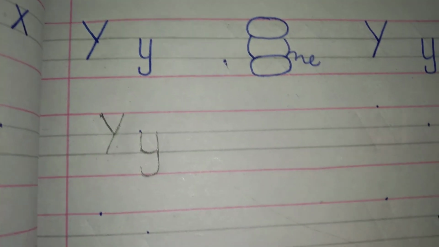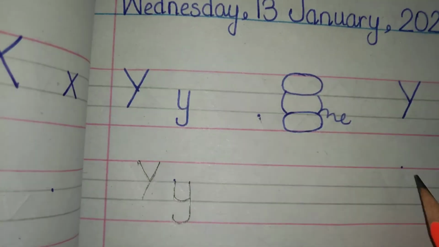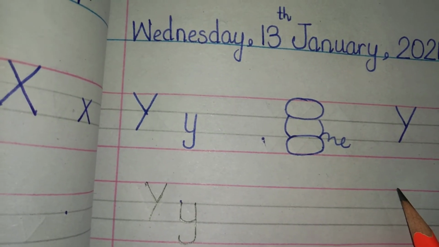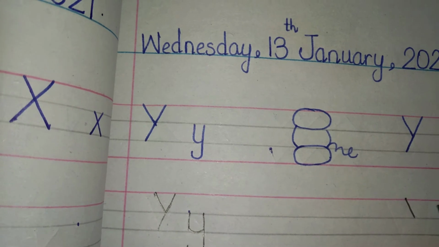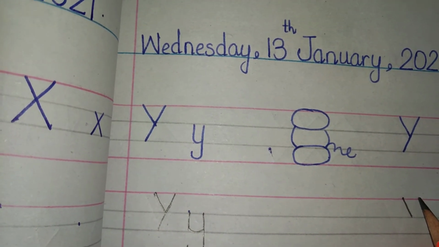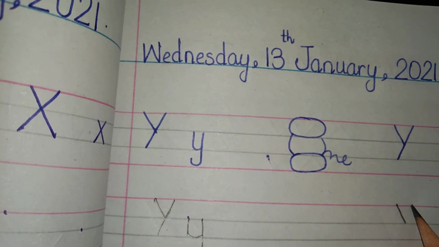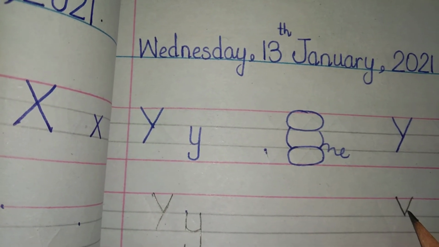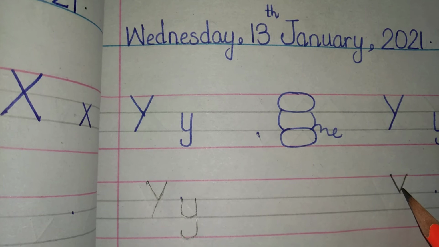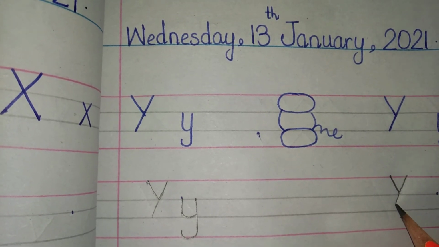Okay, again for making the letter Y, firstly make a slanting line down to the middle, go back to the top and make a slanting line down to the left. At the meeting point of the slanting lines, make another slanting line like this.